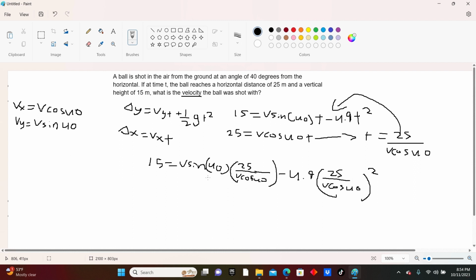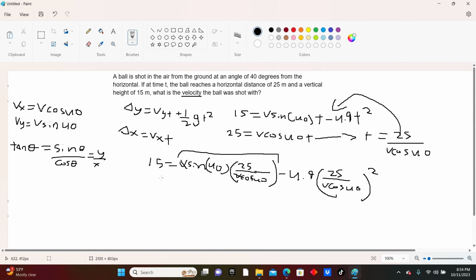So let's simplify this. For this big term here, the v's can cancel out. And if you didn't know, sine 40 over cosine 40 just equals tan 40, because the formula for tan theta is just sine theta over cosine theta, which is the same as y by x from the questions we've been doing.